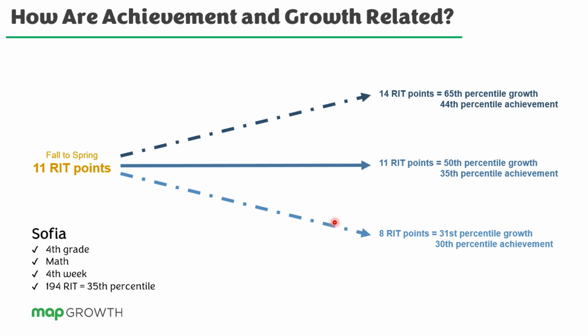Notice that growth less than her projection results in a decrease in math achievement. So meeting her RIT goal of 11 points puts her at the 50th percentile for growth, 35th percentile for achievement. If she misses it by only 3 RIT points, it drops her down to the 31st percentile for growth, 30th percentile for achievement.